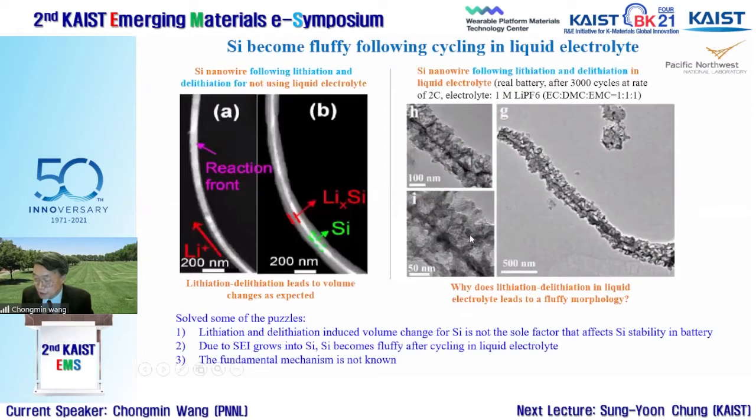To solve this, I show you again: if you put lithium into silicon without a liquid, you can see it expand and shrink, and there's no problem. But if you put in the liquid electrolyte and cycle the silicon, it becomes a fluffy structure. So what's really going on?